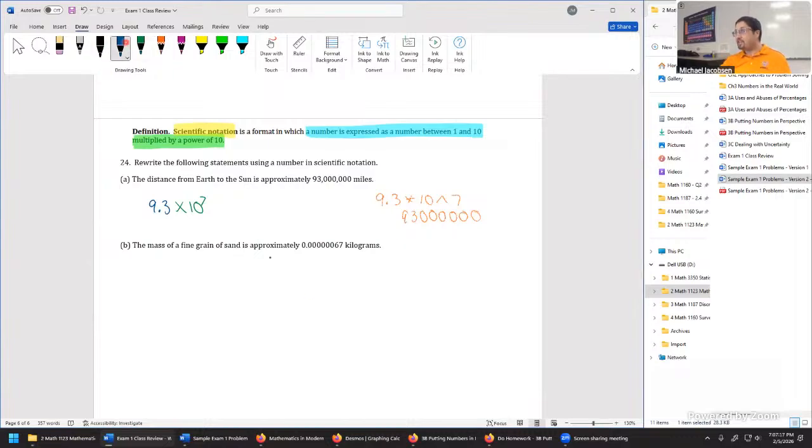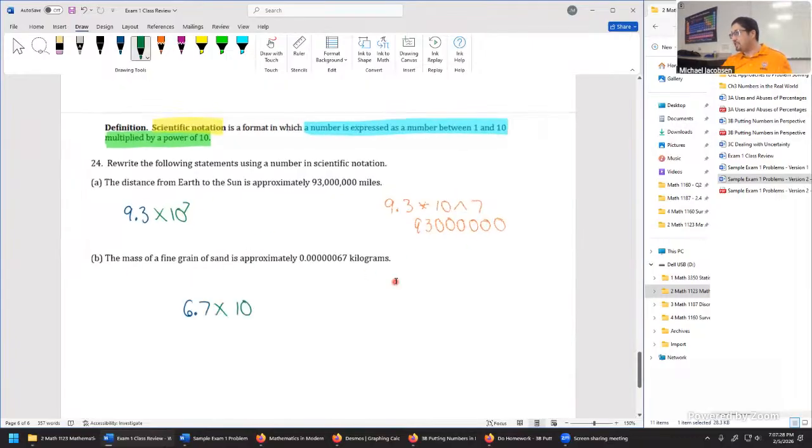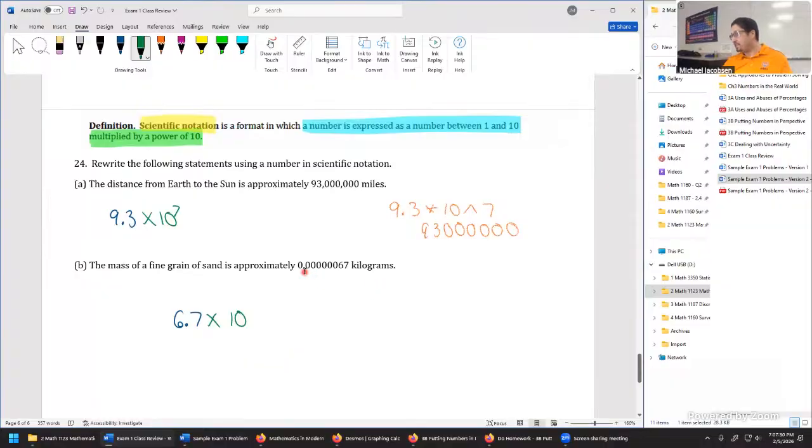So let's try this out again on this problem. It's got to be a 6.7 times 10 to some power. So let me see, let's pretend this is a real exam and the red dot is like my finger. 1, 2, 3, 4, 5, 6, 7. That's an odd coincidence.